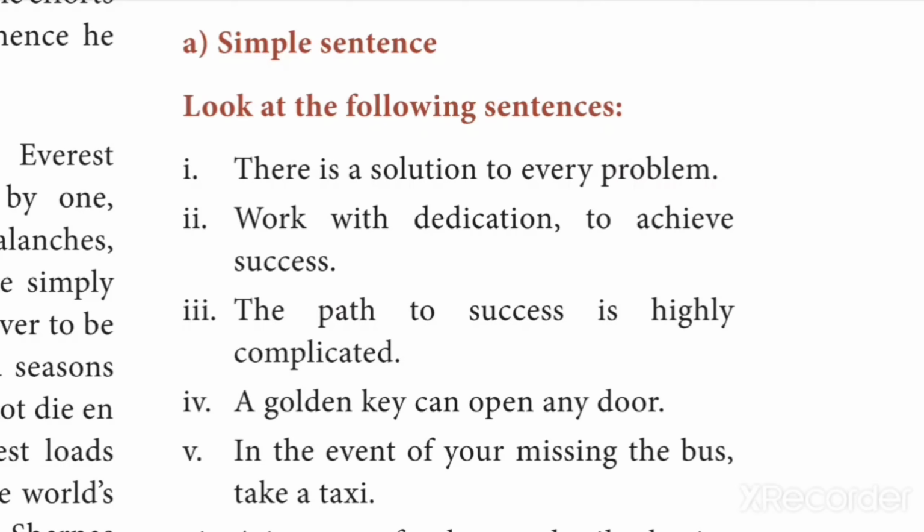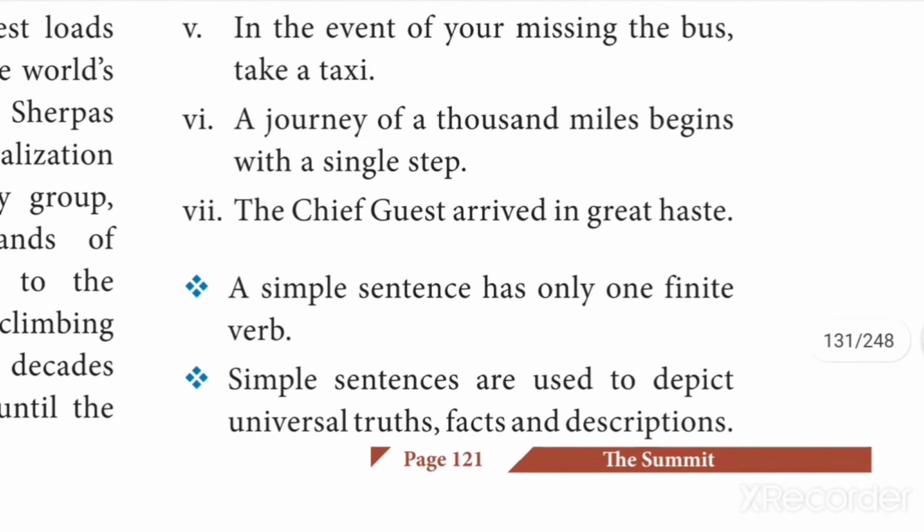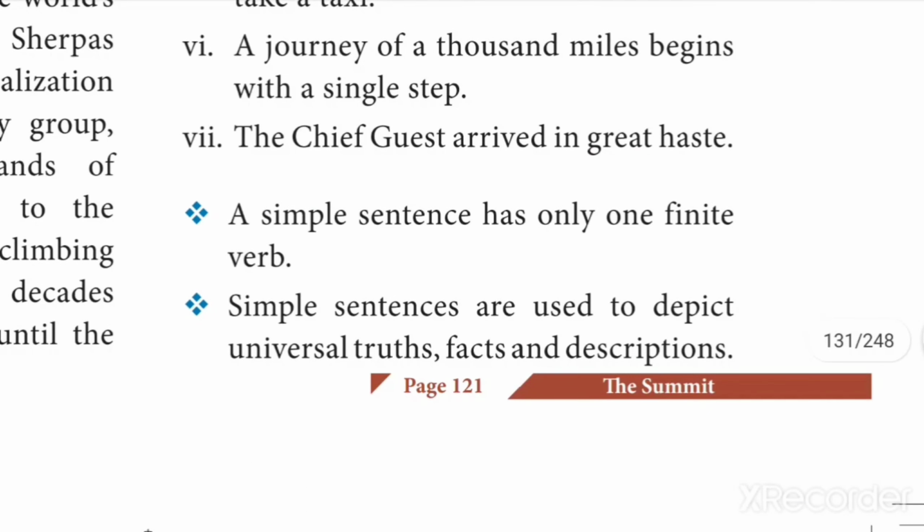Number 4, a golden key can open any door. Number 5, in the event of your missing the bus, take a taxi. Number 6, a journey of 1,000 miles begins with a single step. Number 7, the chief guest arrived in great haste.